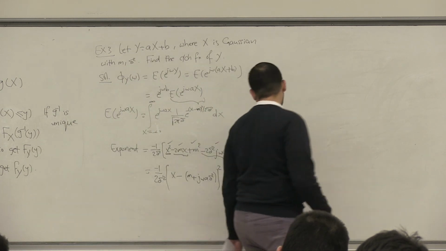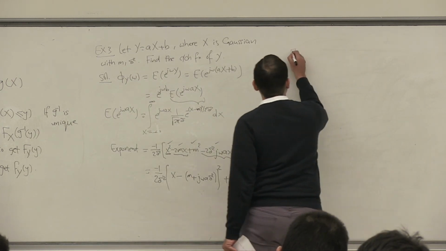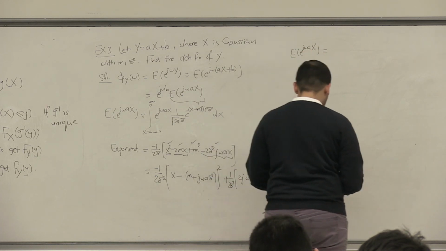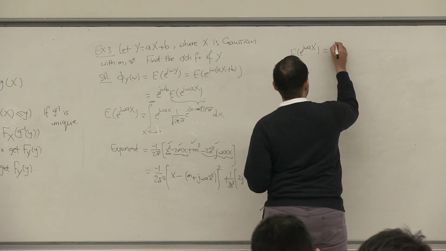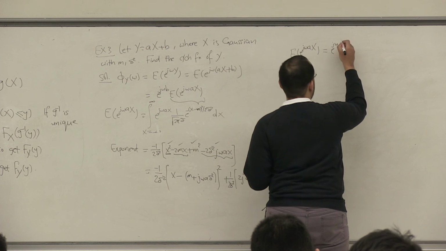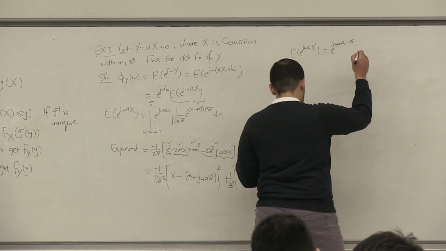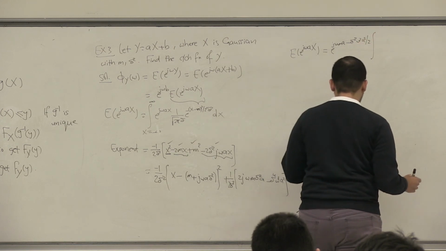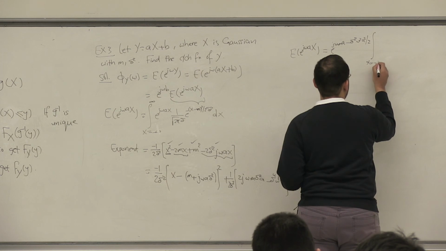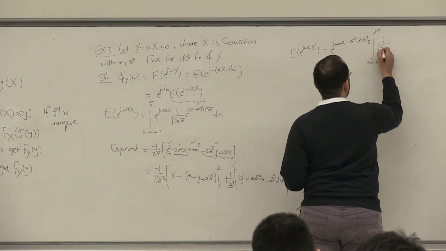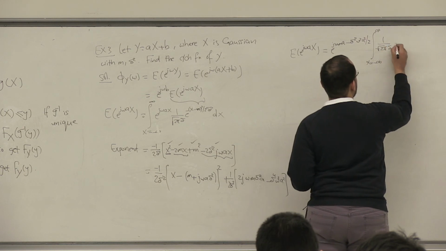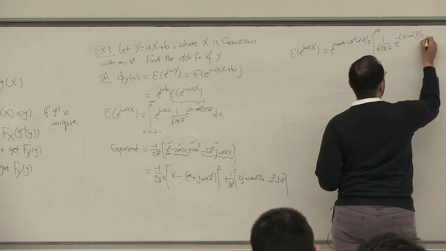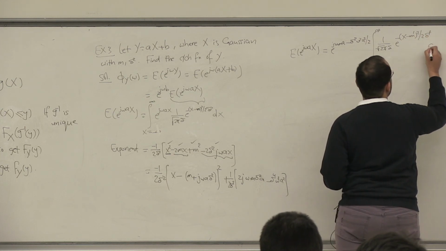You can make some simplifications for these things, and you end up having the expected value of e to the j omega ax being e to the j omega ma minus sigma square omega square a square over 2, times the integral from x equals minus infinity to infinity, 1 over square root 2 pi sigma e to the minus x minus some m, we will call it m bar, square, over 2 sigma bar square dx.